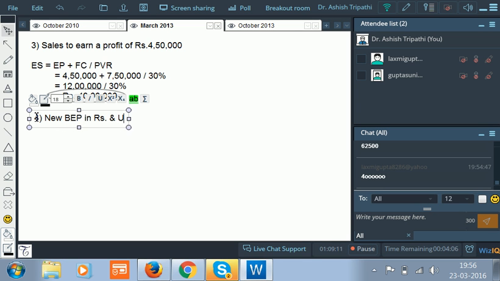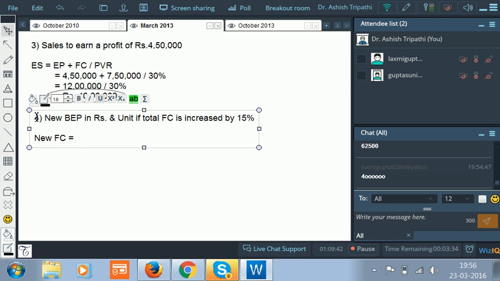New break-even point in rupees and in unit if the total fixed cost is increased by 15%. So it's very simple. Let us increase the fixed cost. Let us calculate the new fixed cost.